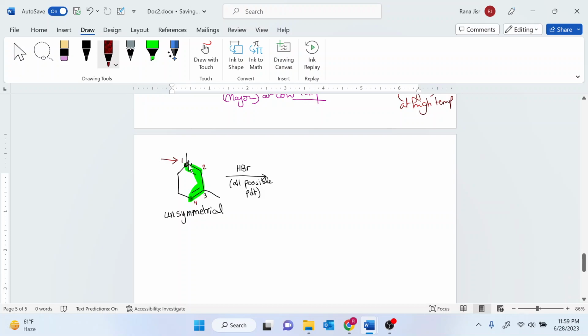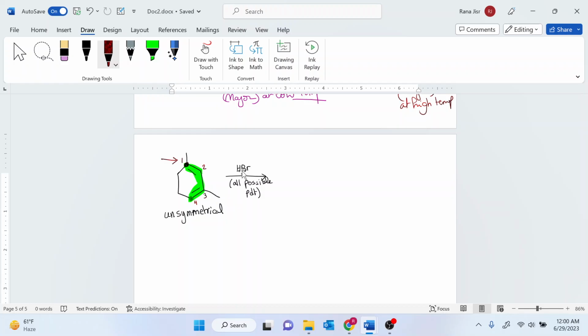So I need to end up getting my products, my 1,2 addition and my 1,4 addition every single time I add. Now, in this case, again, you need to add according to Markovnikov.